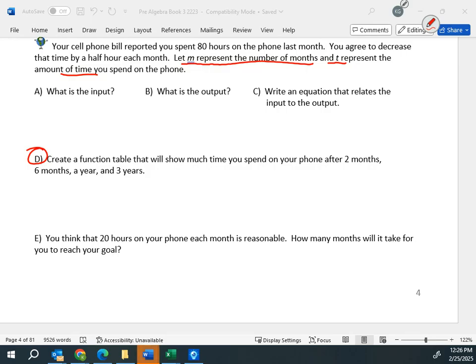Months, because I am changing up 2 months, 6 months, that year, and 3 years. So my input is going to be months. So that leaves me with what is my output. If months is the input, what is the output, Hadley? Time.